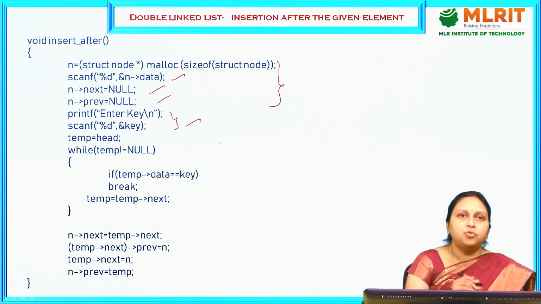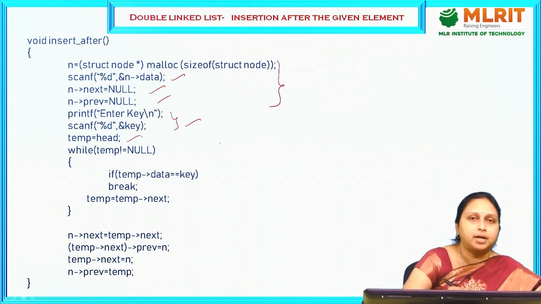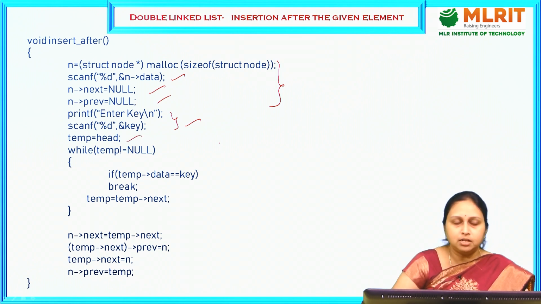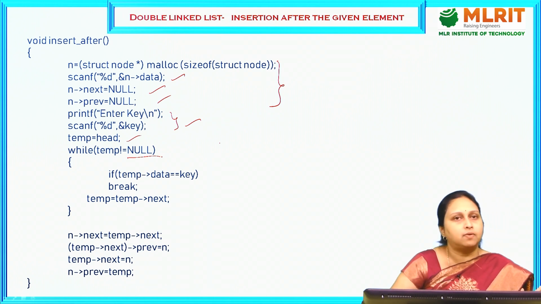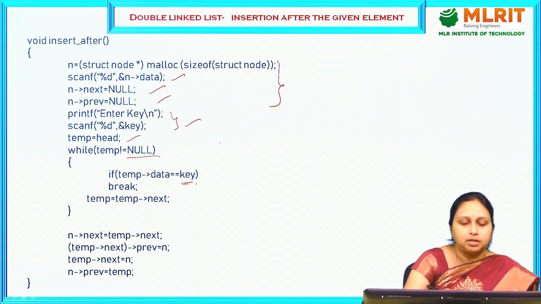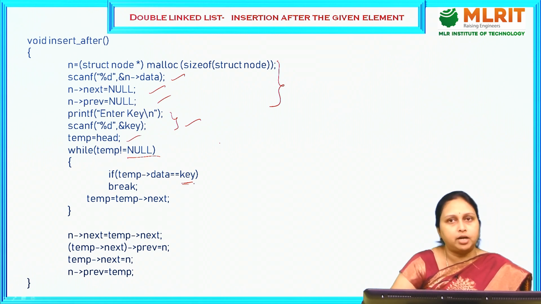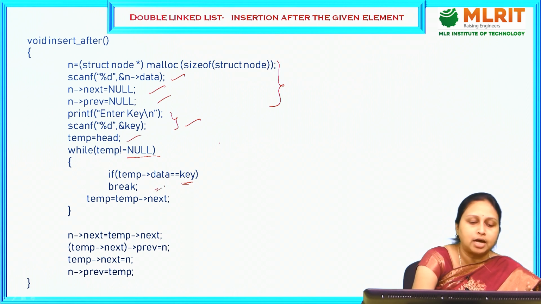Next, for moving in between the nodes, we use a temporary pointer variable, that is temp equal to head. Now, by using temp, we traverse through the list until temp is not equal to none. Now, we search for the key element. That's why we write temp arrow data equal to key. If you find the key value, then you terminate the loop.